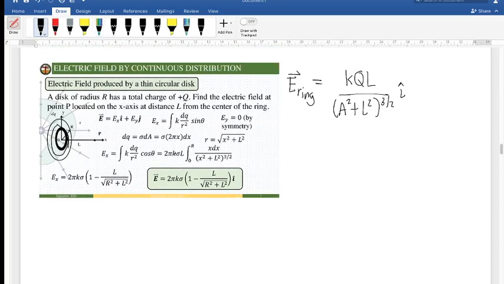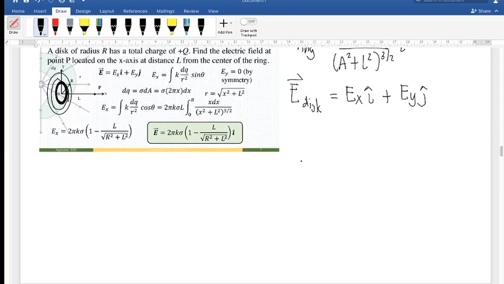So next, the contribution again. So the electric field produced by one ring here is this, right? So we can let the electric field produced by the disc be equal to Ex i hat plus Ey j hat.